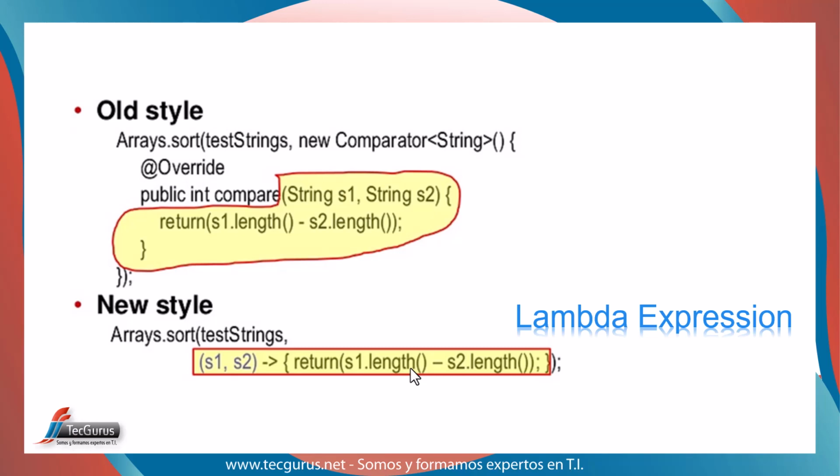A functional interface is one that only has one abstract method, or a method that you must implement. In this case, it knows that what you are implementing here is the compare method because my Comparator interface is a functional interface, okay? So it automatically knows that this is the implementation of compare and what it has to apply to sort your array of strings.